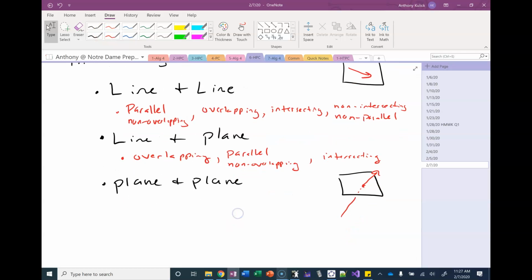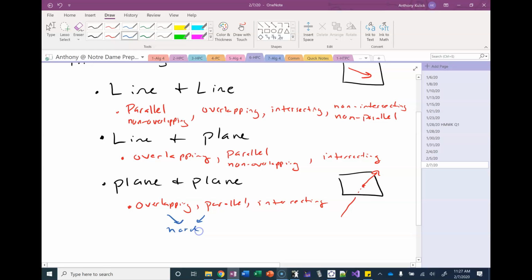And then for planes, you can have overlapping, parallel, and then intersecting. Now, these 2 situations, overlapping and parallel, are very hard to identify, and they're beyond the scope of this class.